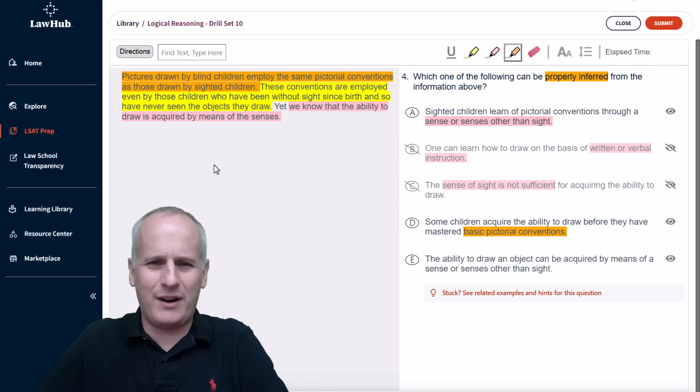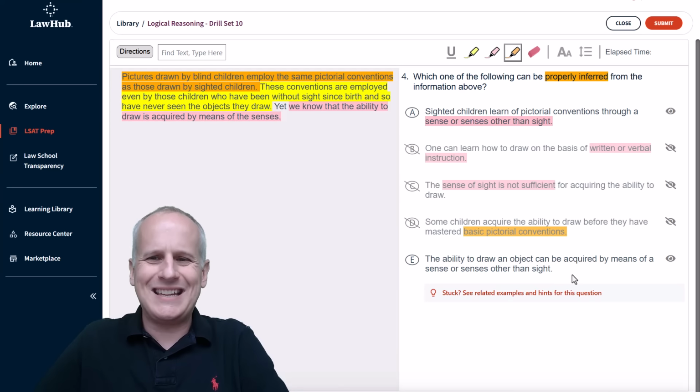And when they acquire the ability to draw, that's a little bit beyond that as well. We're talking about drawing pictures specifically, so that ability to draw, yeah, it's stated in the acquired by means of the senses, but there's like a transition and a causality, a chronology here in choice D that is absolutely not required to be true. So D is out.